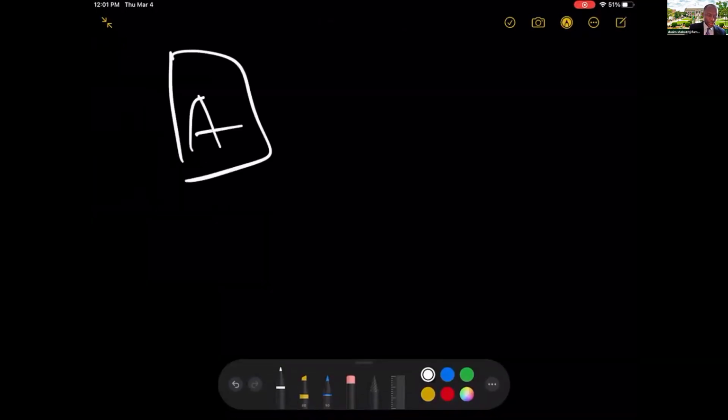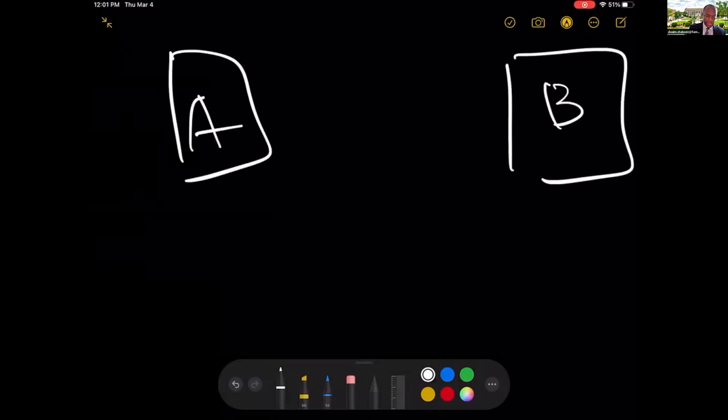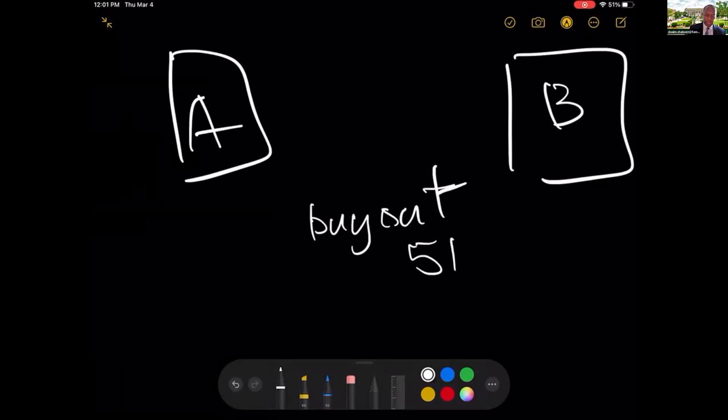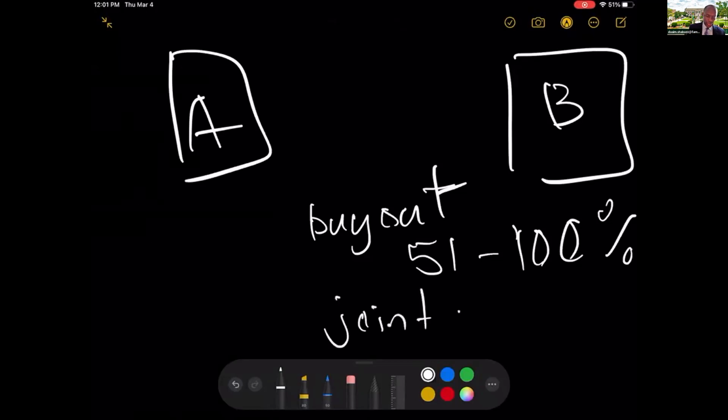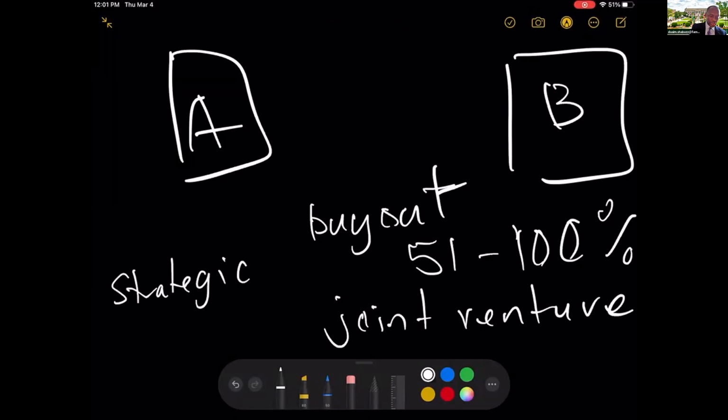We had the idea of a buyout before, where you buy either 51 to 100%. 100% means it's wholly owned, and you own it in total. So you can have a buyout, you can have a joint venture, you can also have things like a strategic alliance. This is not permanent.